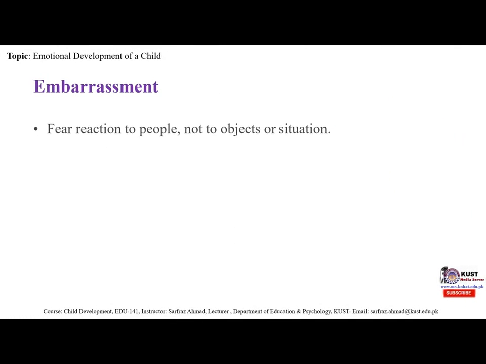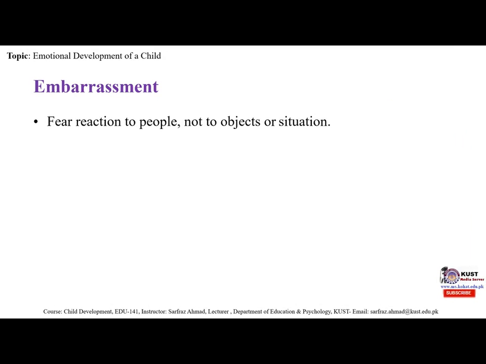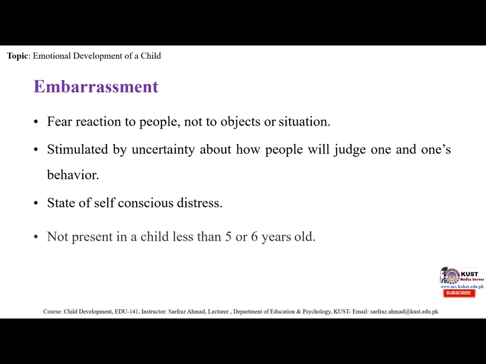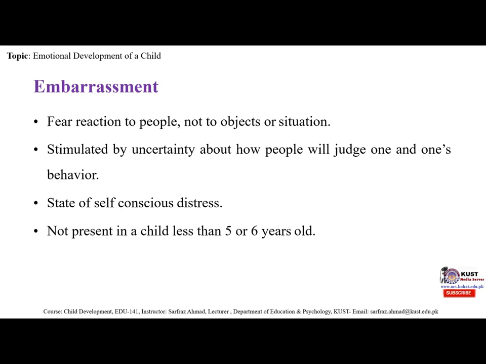And embarrassment is a fear reaction to people, not to objects or situations, stimulated by uncertainty about how people will judge one's behavior, and a state of self-conscious distress that is not present in a child less than 5 years.